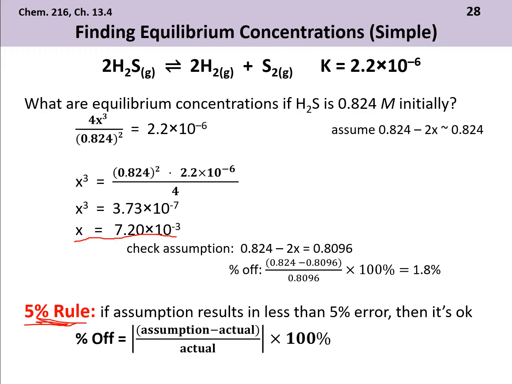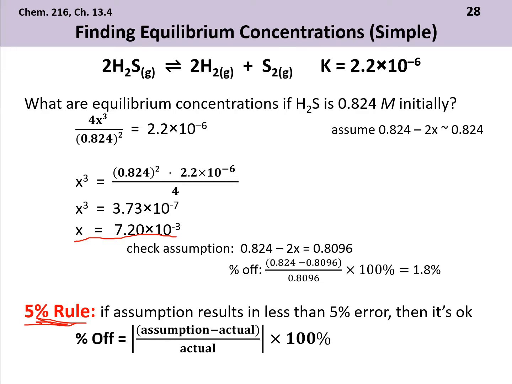So I take, this is the percent off, equals the assumption minus the actual over the actual. And I just do it so that it's always positive, so I do absolute value. What these signs mean, if you don't remember, is I do this and I just make it positive. And then I multiply by 100%.